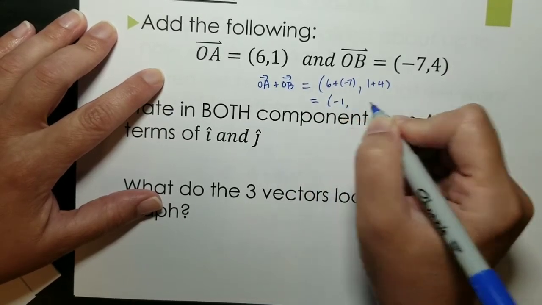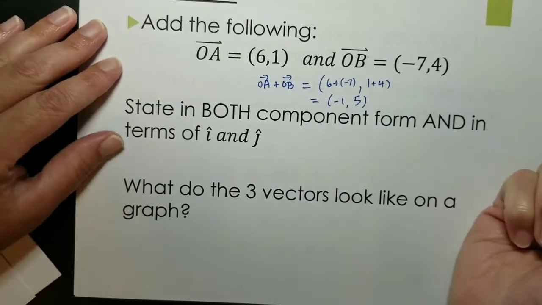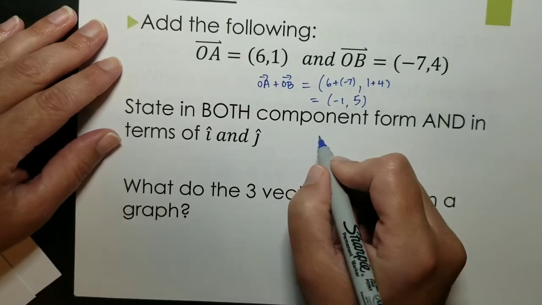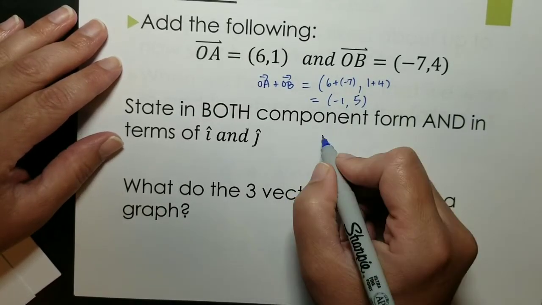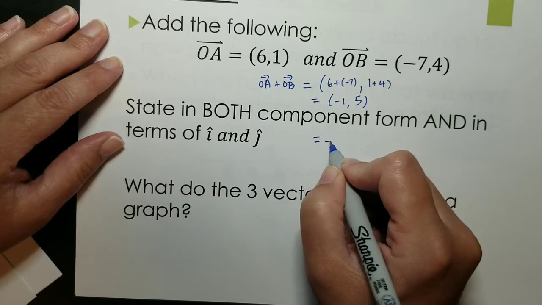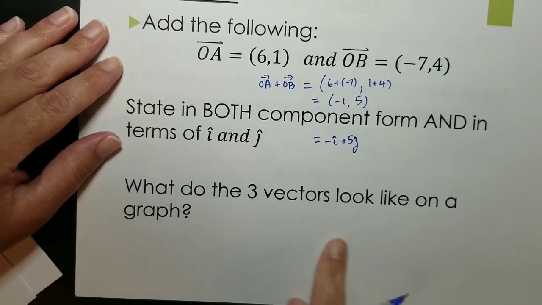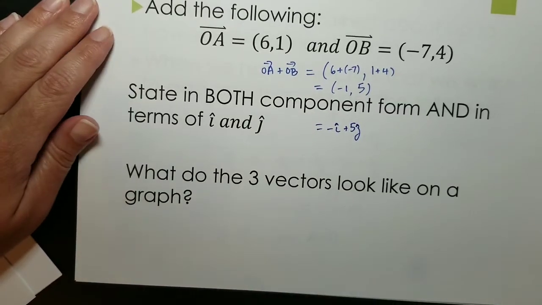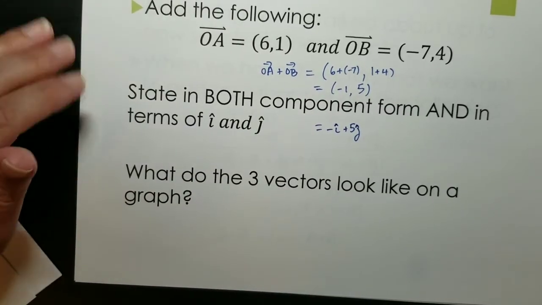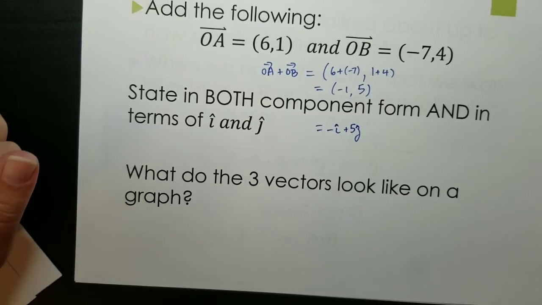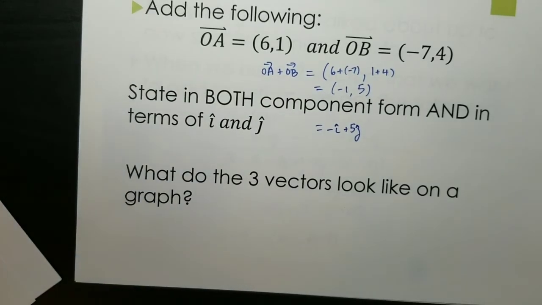So we get (-1, 5). Okay, and we could restate that in terms of i and j. It would be -i hat plus 5j hat. So you can draw out also what that would look like on a graph and see how that works. And I will include a graph in the notes.